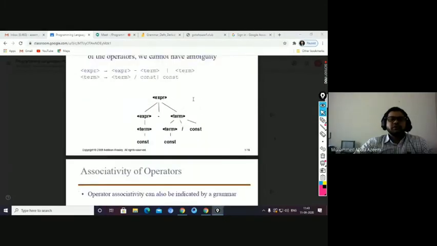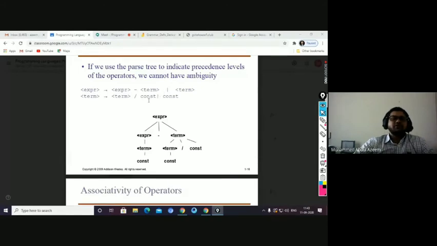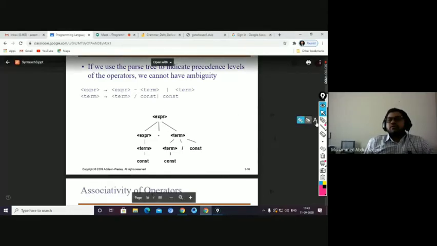You can see we have replaced the expression available as the right operand of that operation with term, and then term is further defined as term by constant, and then term can be further defined as constant.